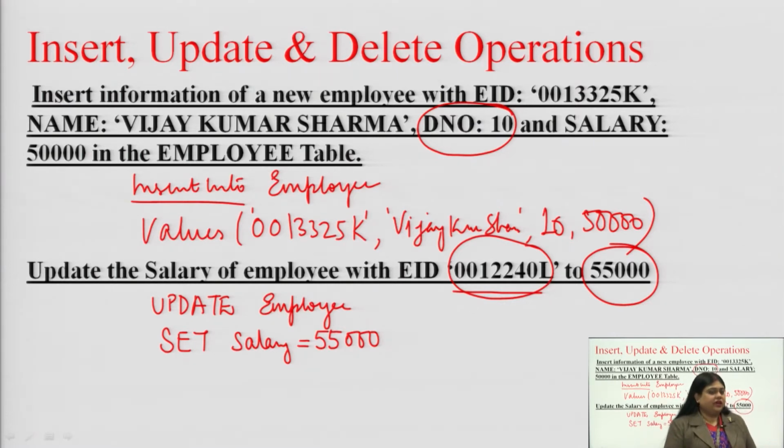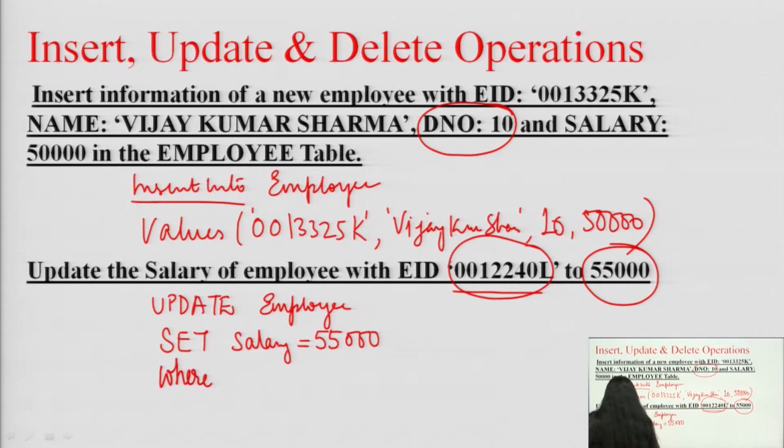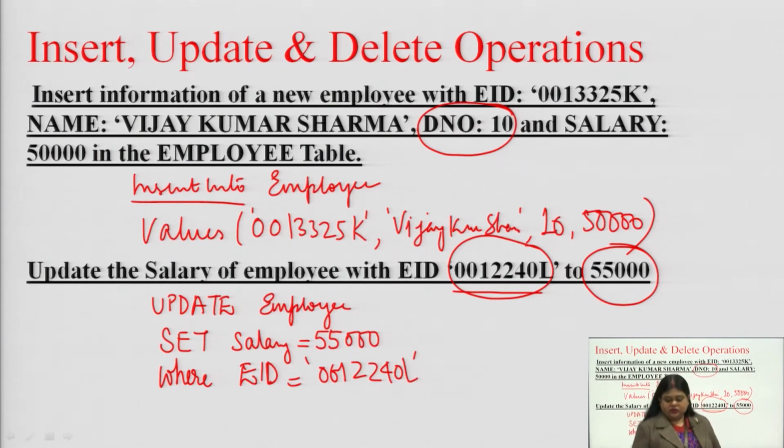Now, the condition is still remaining. We have to update it only for a particular employee. So, what will we write? WHERE EID, that is the employee ID, is equal to 00122540L, right. So, this is how the update statement works.